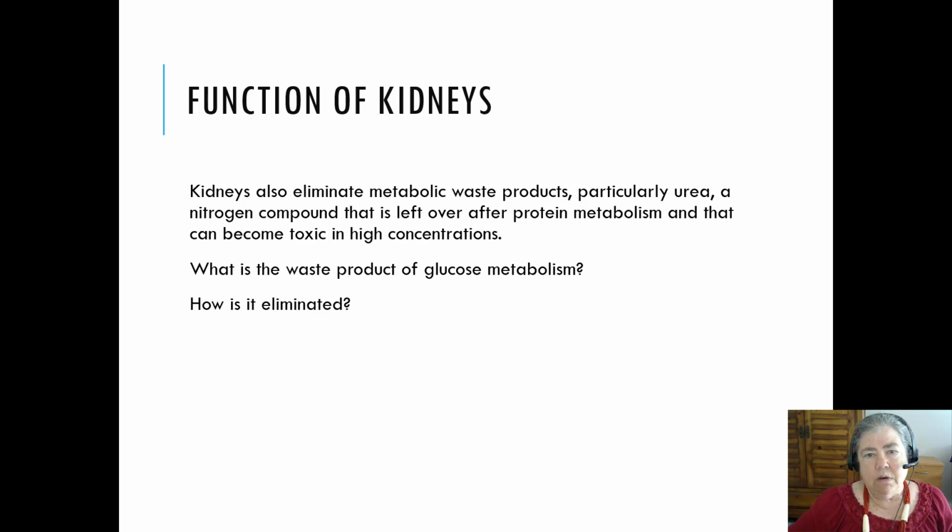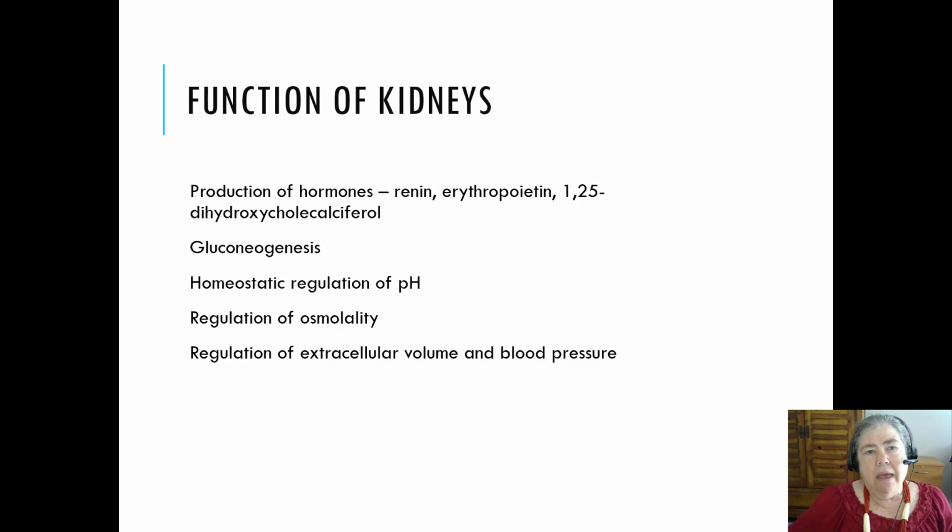And the kidneys are important in making sure that urea is eliminated. What is the waste product of glucose metabolism if urea is a waste product of protein metabolism? The main waste product of glucose metabolism is carbon dioxide. And we've already talked about where carbon dioxide is eliminated, right? Carbon dioxide is eliminated through the pulmonary system, through the lungs.